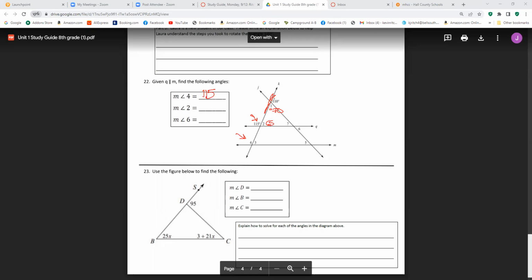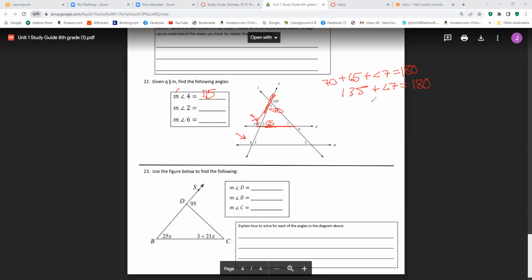And I know that this is a triangle. Angle 1 and angle 2 plus angle 7 make a triangle, and triangles equal 180 degrees. So 70 plus 65 plus the measure of angle 7 must equal 180 degrees. 70 plus 65 is 135. So 135 plus the measure of angle 7 is 180.